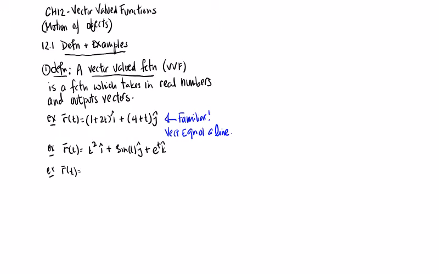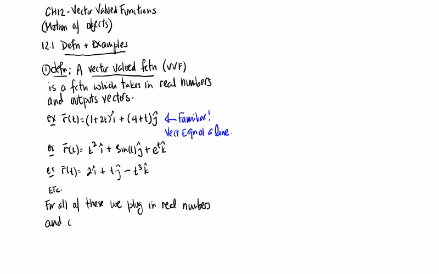They don't have to be functions; you could have a constant there, like 2i plus tj, say minus t cubed k, etc. Again, for all of these, we plug in real numbers, and out come the vectors.